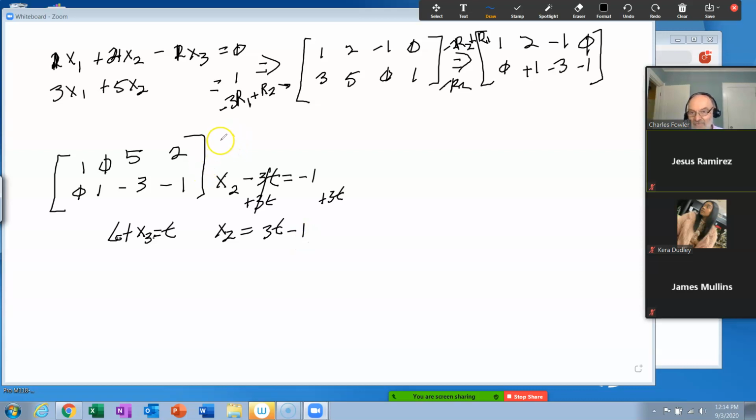This top equation says x sub 1 plus 5 x sub 3, but that's t, 5t, is equal to 2. So when we subtract 5t from both sides, we get x sub 1 is equal to 2 minus 5t.